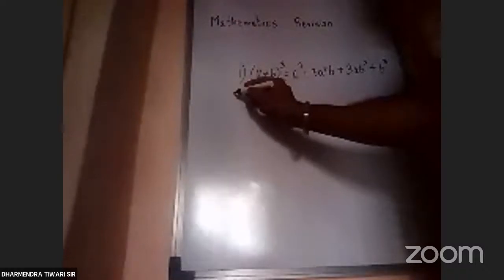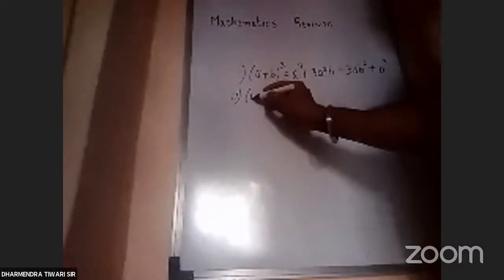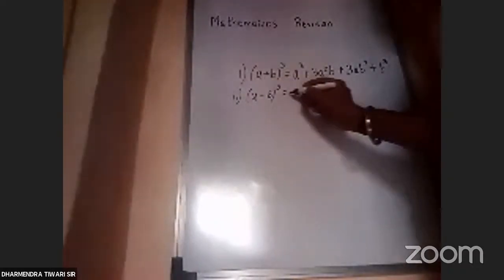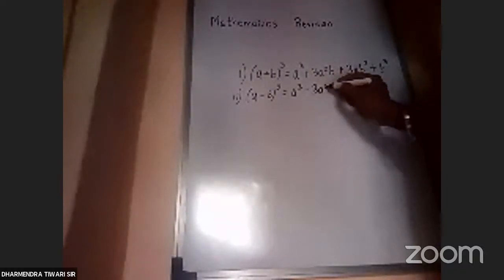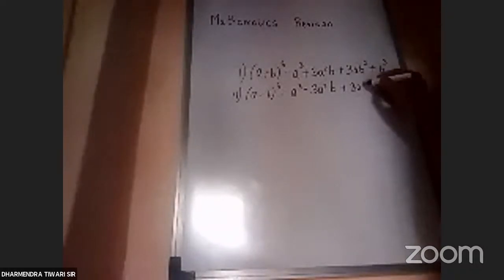Second, a minus b the whole cube is a cube minus 3a square b plus 3ab square minus b cube.